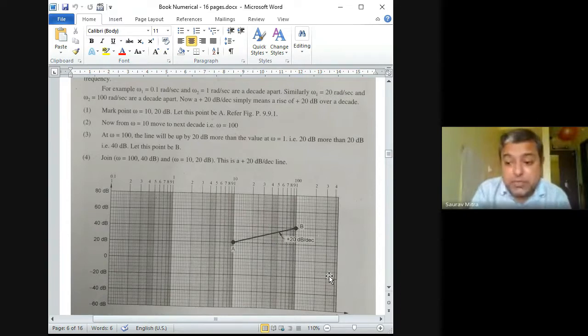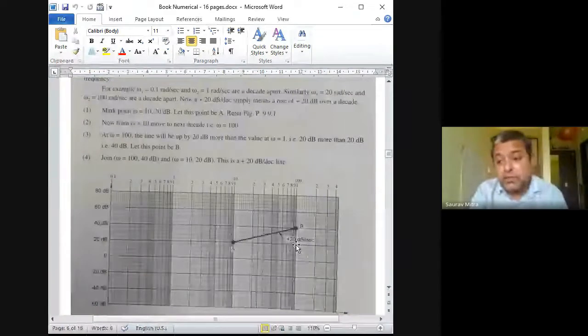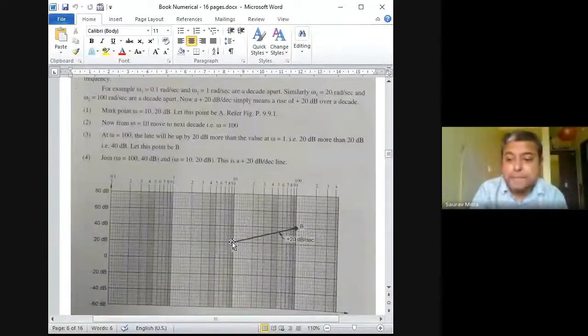Somebody wants minus 40 dB per decade. In that case, you have to come to 100 comma minus 20. It was at plus 20 at this point. So plus 20 minus 40, because at the next level this point should fall by 40 dB in one decade. Decade means 100. So A to B is a decade, and it was at 20, it should fall by another 40 dB.